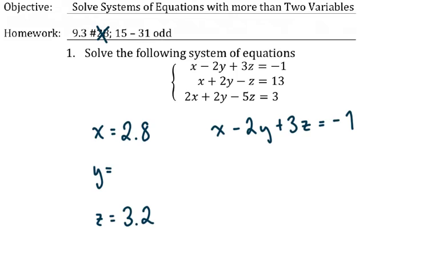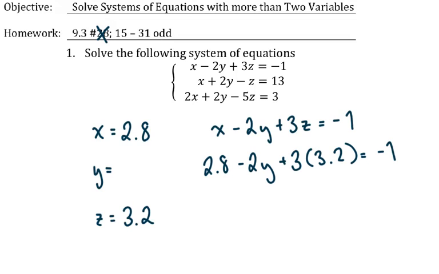Well, we know x now is 2.8 minus 2y plus 3z, which is 3.2, is equal to -1. Then we can just be subtracting these terms over, divide by the -2, and you should get y is equal to 6.7, which I'm going to actually just write over here.